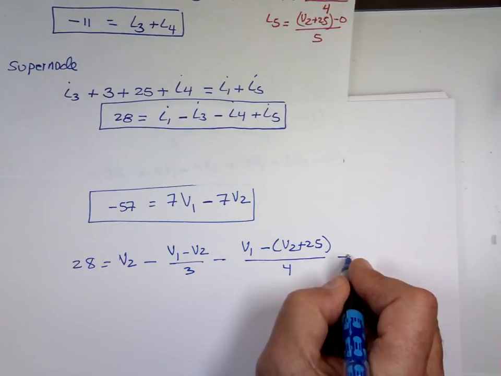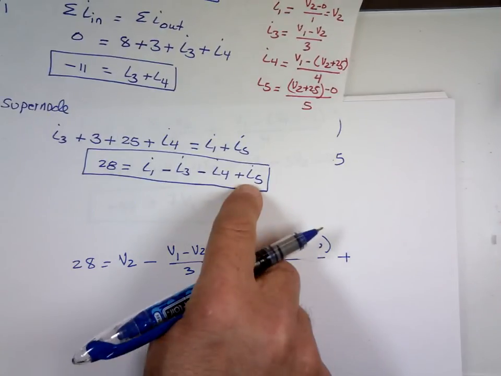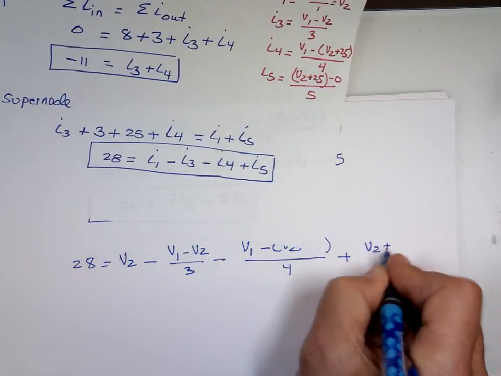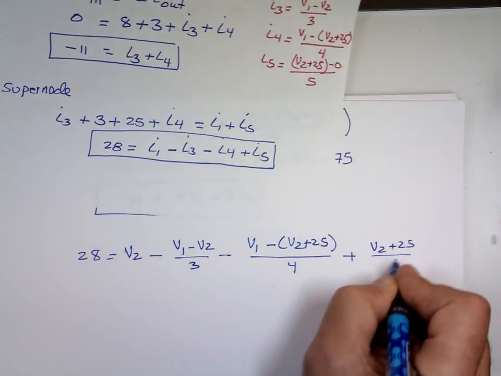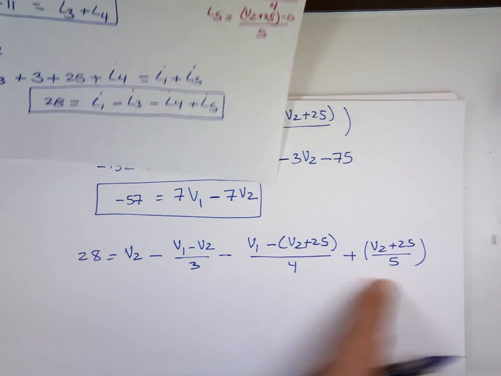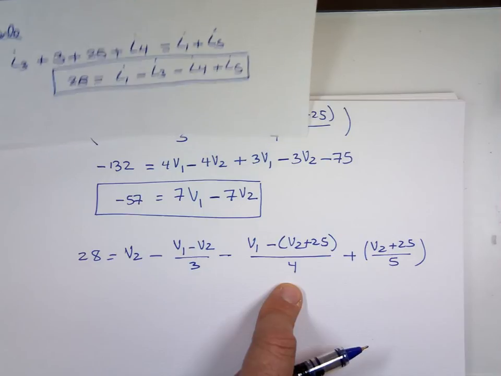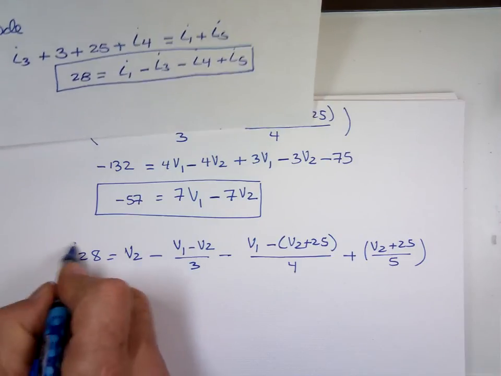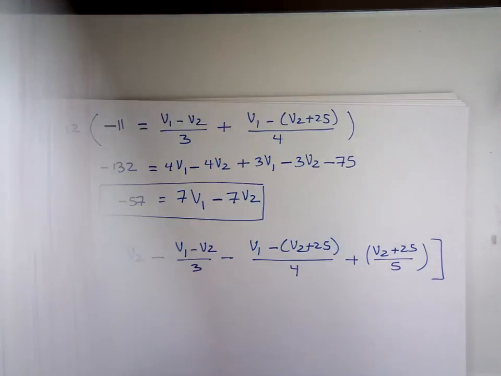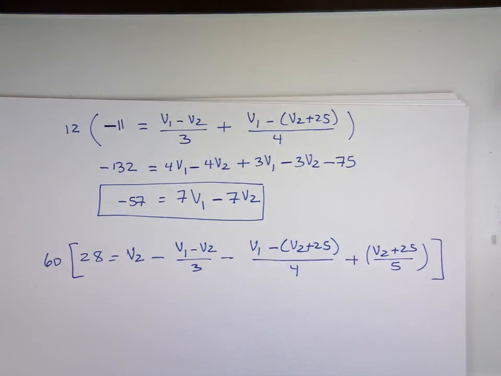Plus I sub 5, which is what? V2 plus 25 over 5. This actually might be worth our time to go slowly with it. LCD is 60. I think I'm going to go a bit slowly with this one, because otherwise I will make a math error.